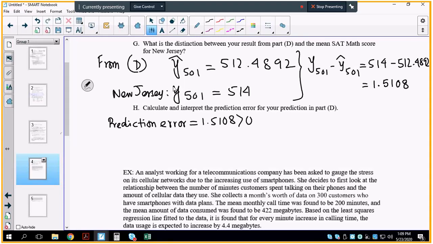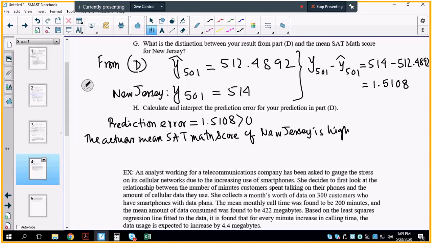So we'll say the actual mean SAT math score of New Jersey is higher than the predicted mean SAT math score of the state.